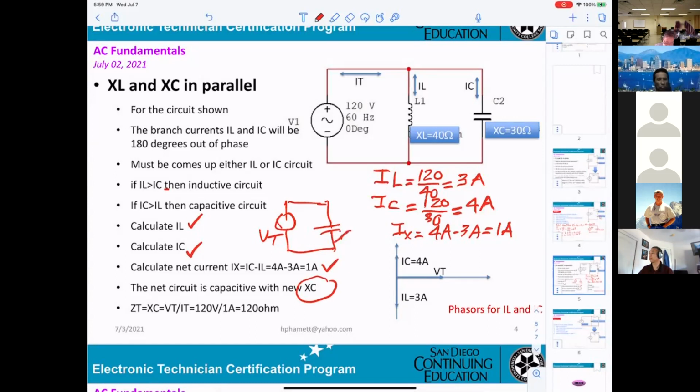So the new XC here, we say Z total equals XC. And XC will be 120 divided by 1 amp here. You get 120 ohm.